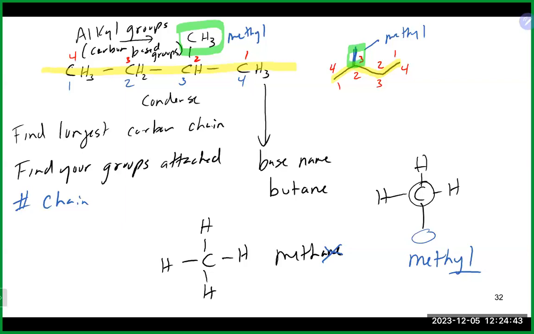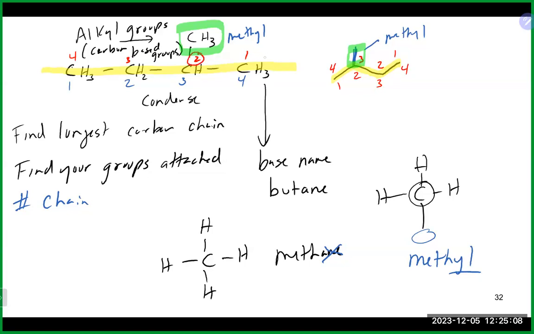In the case of alkanes, what determines which way you should actually number is the groups that are attached. And the idea here, pretty much in most organic naming, is you always want to give the groups the smaller number. So the groups here with alkanes take priority. So we want to give that group the smaller number. Which carbon is it smaller? It is smaller going this way, right?